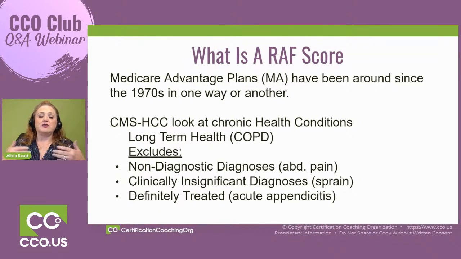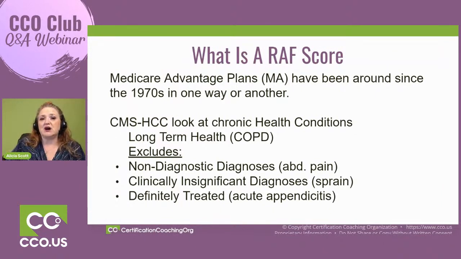However, they are MA plans. So what has happened is CMS has HCCs. There's HHS HCCs and CMS HCCs. I deal predominantly with CMS HCCs, but like I said, there are both of them.